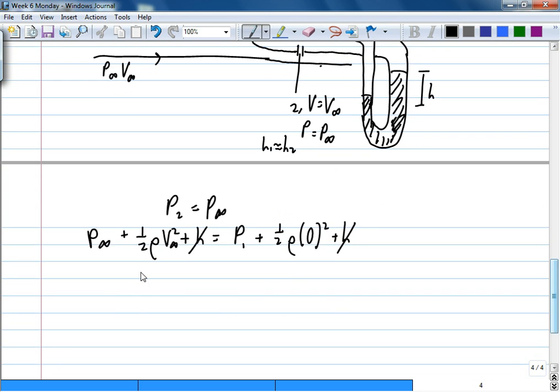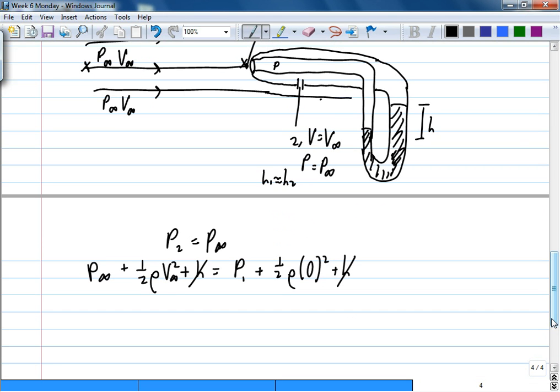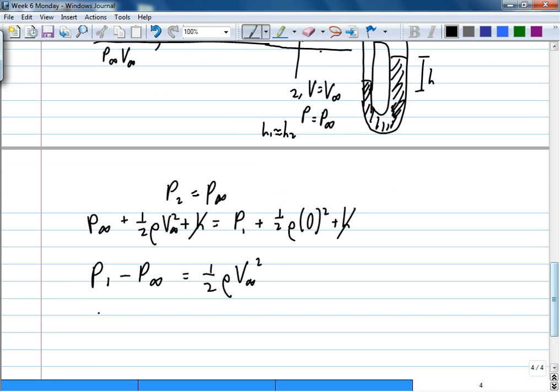So can we say P1 minus P infinity is equal to half rho v infinity squared. So v infinity is equal to the square root of 2 times (P1 minus P infinity) divided by rho.